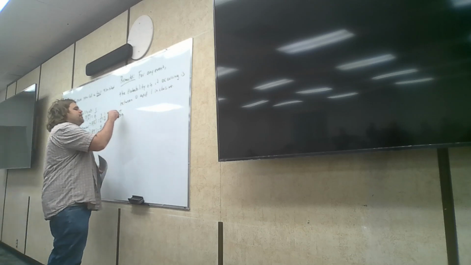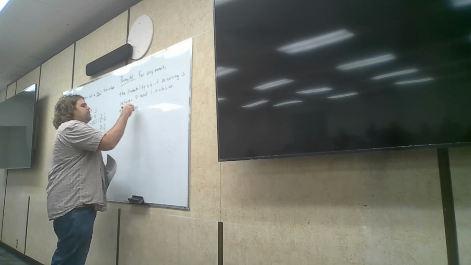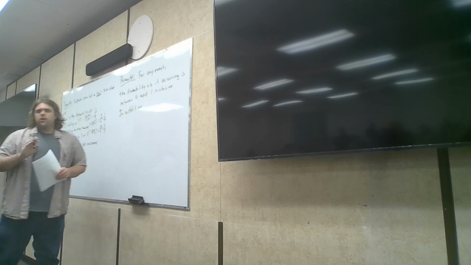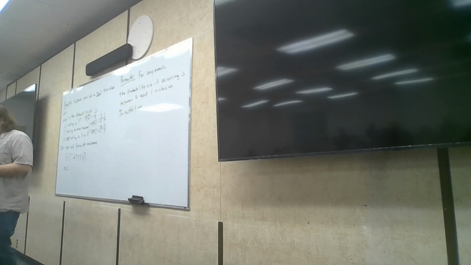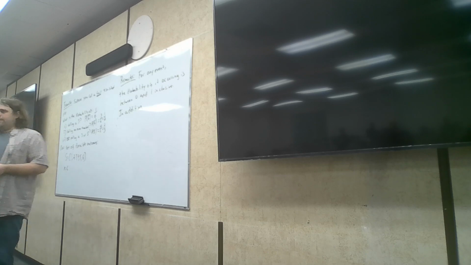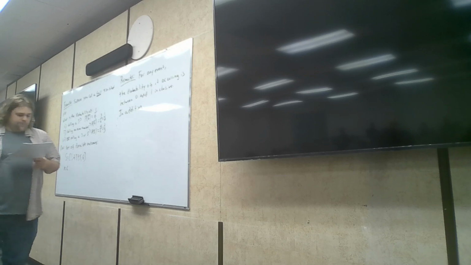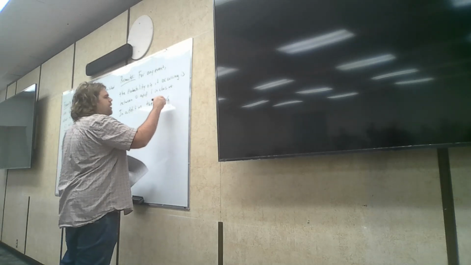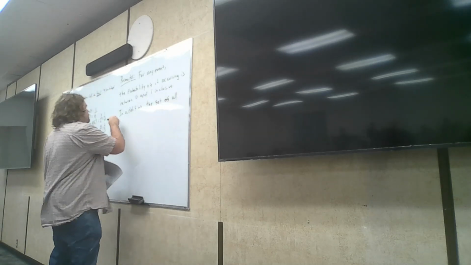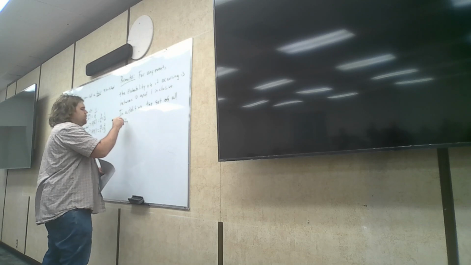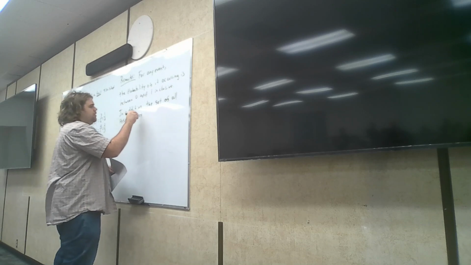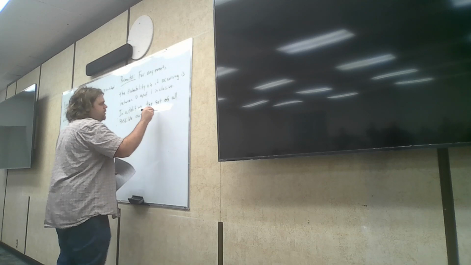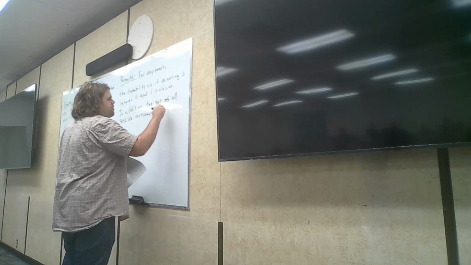In addition, if you consider all of the possible events that could happen, the probability has to add up to 1. So the set of all possible outcomes has probability 1.